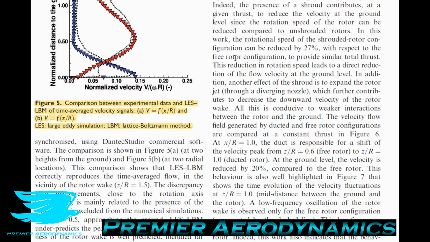Like they say with the LBM approach, you can use more cores, so you can use more cells and get a more accurate solution. But at the same time, you need more cells to get an accurate solution compared to a Navier-Stokes approach. So that's something that I want to get into in other podcasts, some benefits and detriments.